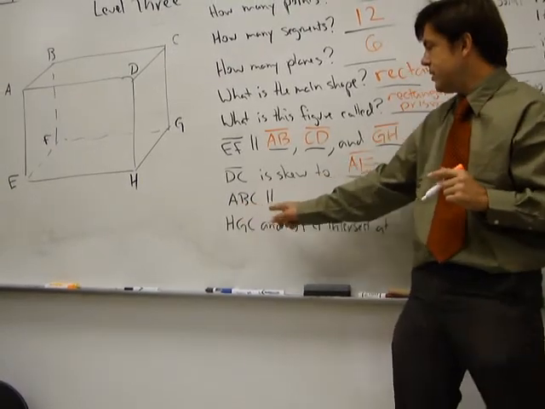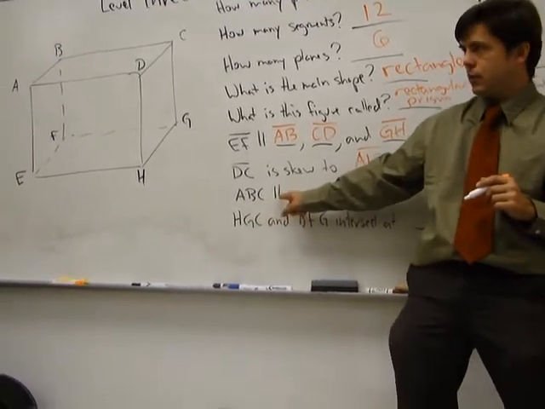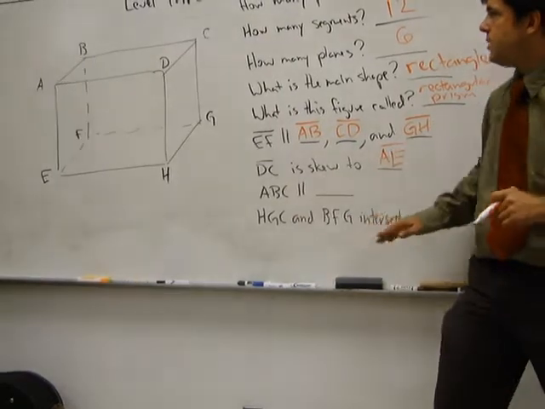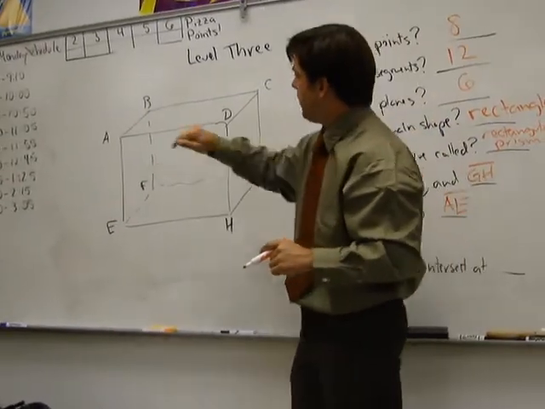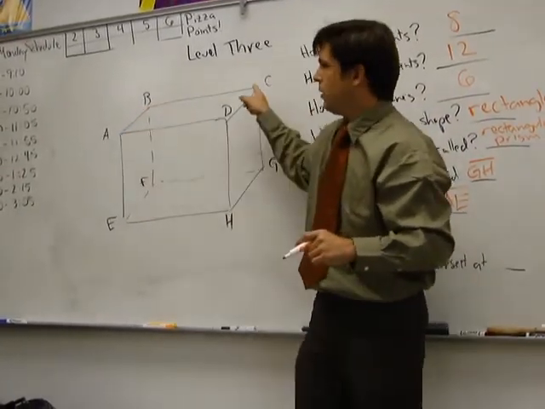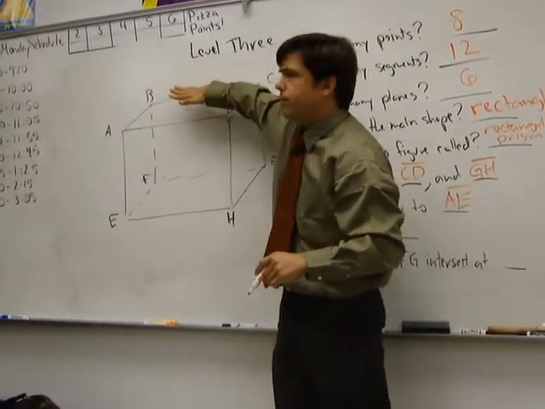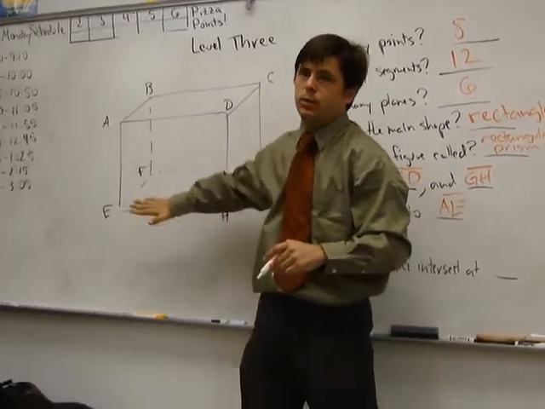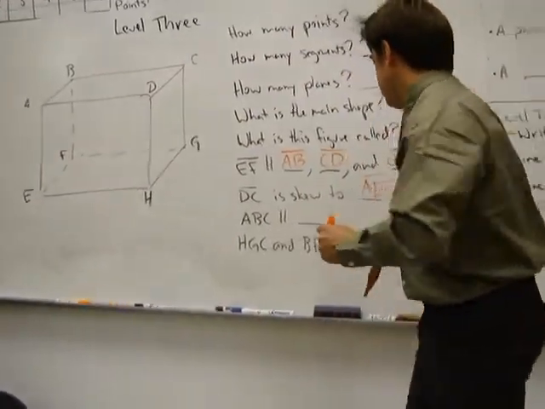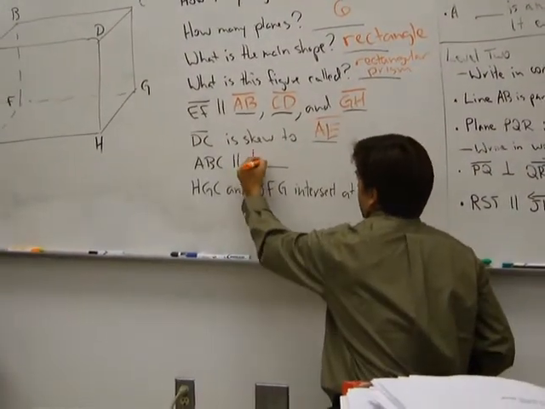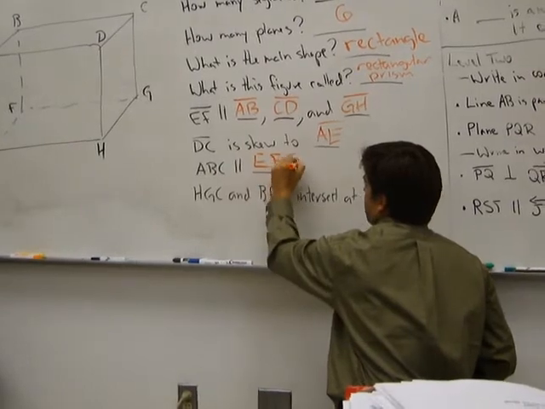Plane ABC is parallel to. Okay, so plane ABC. First of all, what is plane ABC? The roof. What you do is you take any three and you identify it. So plane ABC is parallel to plane EFG, which we just have to write. Do we have to call it EFG?